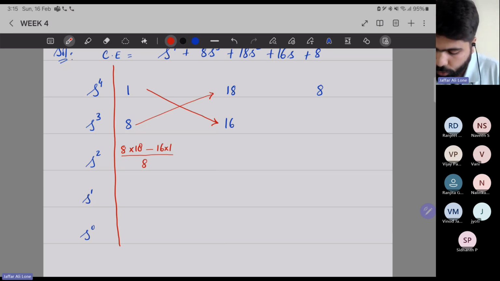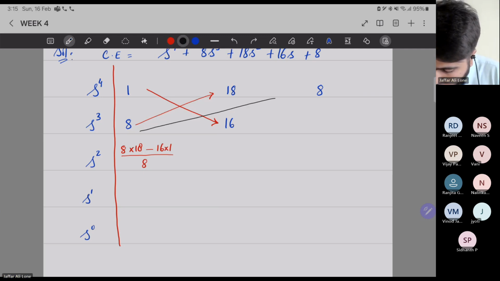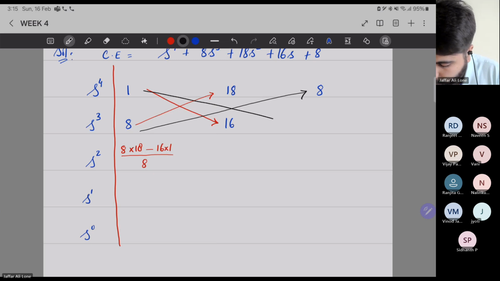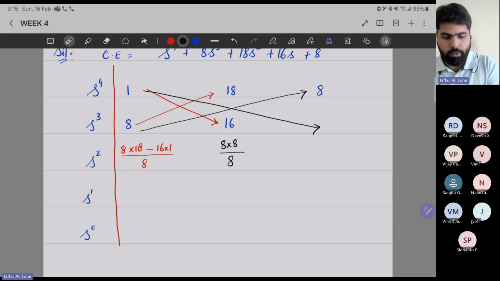Correct? This was this row. Now what should I write here? This row will be 8 into 8 minus 1 into 0, that is 0, divided by 8.